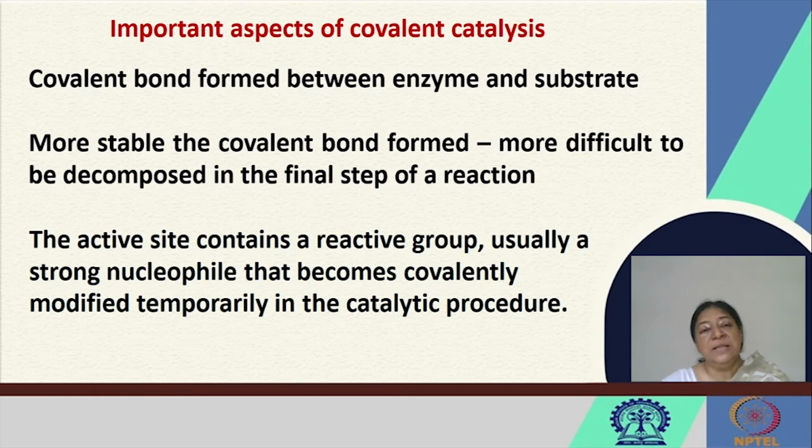So we understand that the presence of a covalent bond means there is a strong connection between our enzyme and substrate. And the process has to be such that this bond has to be cleaved for the enzyme to restore its original conformation for the active site so that it can then bind another substrate.